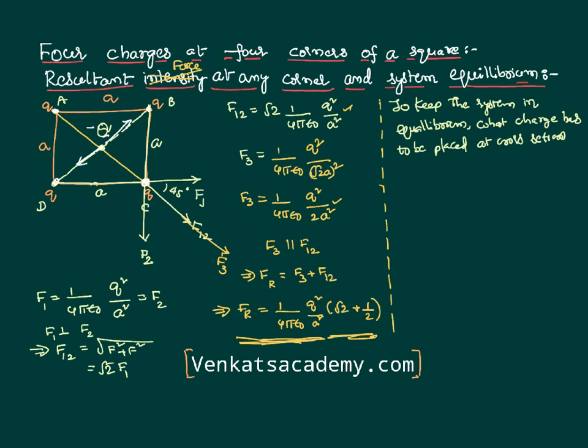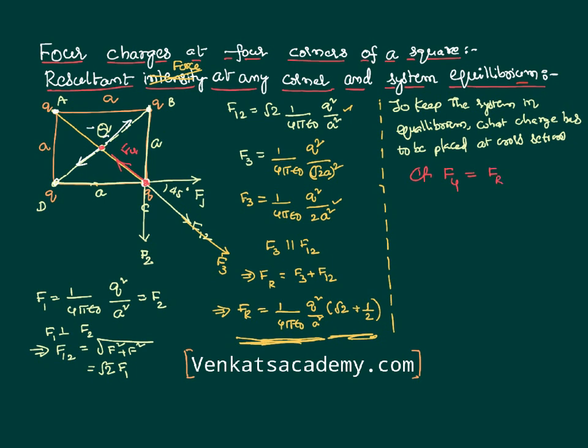Now, if I have kept the negative charge, on this small charge, this negative charge applies a force of attraction. Then, as these 2 forces are in the opposite direction, I can put a condition. If that force, F4, whatever I am talking about, is equal to the resultant of F1, F2 and F3.